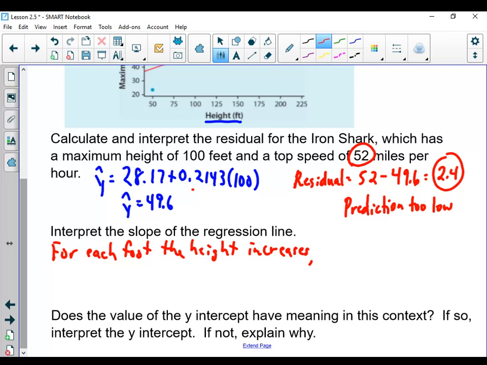So it's a positive number, which means, not the height, that's the height, the speed. See what the speed does. This number is a positive number. So for each foot the height increases, the speed increases 0.2143 miles per hour.